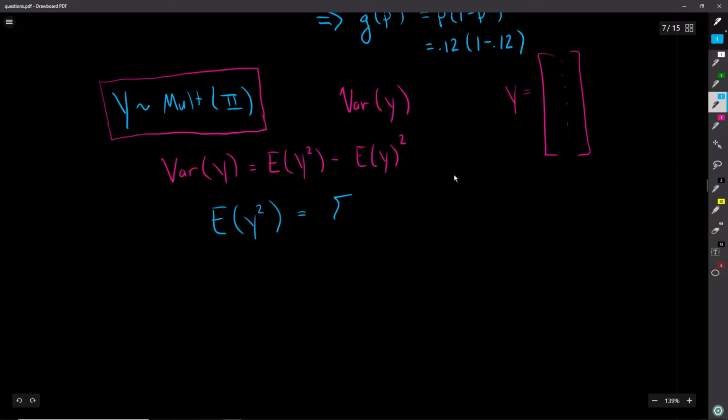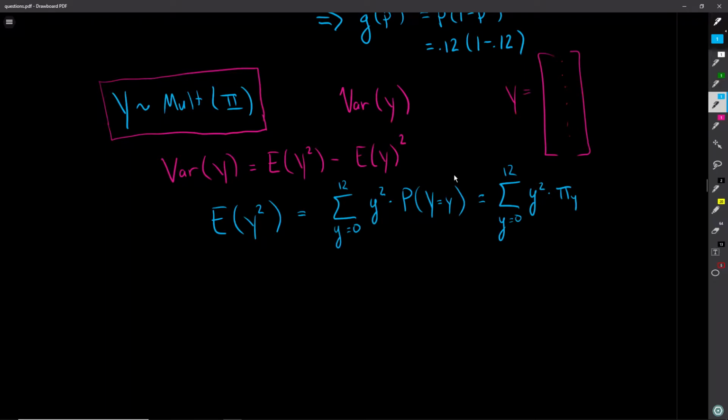Y takes on any of the values from 0 to 12. And so the expected value of y squared is the sum from y equals 0 to 12 of y squared times the probability y equals y, which, as we were seeing in the previous question, is y squared times pi y. So 0 squared times pi 0 plus 1 squared times pi 1, and so on.